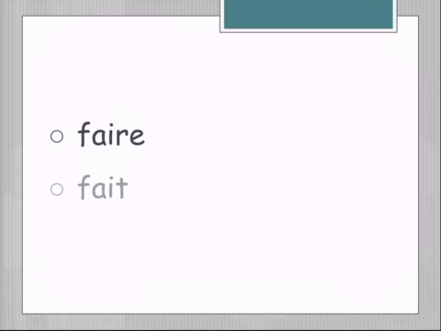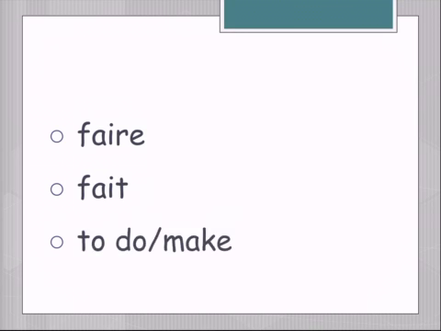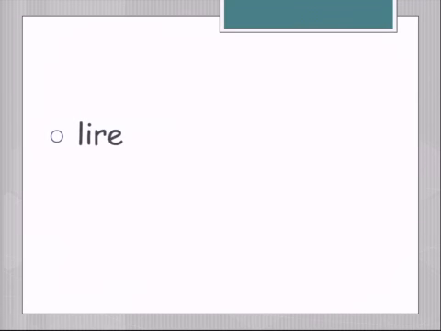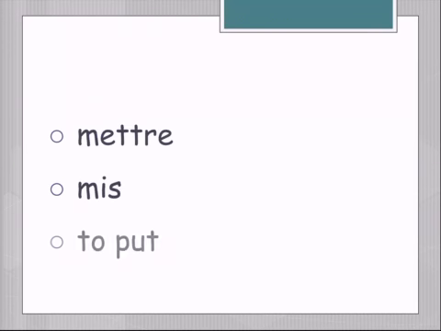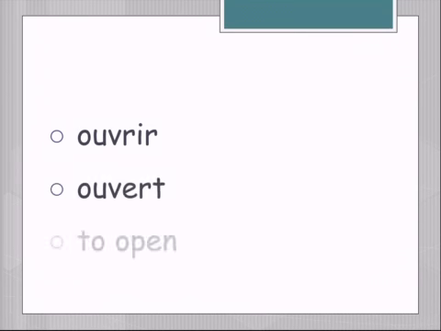Faire turns into fait, and it means to do or to make. J'ai fait mes devoirs. I did my homework. J'ai fait un gâteau. I made a cake. Lire turns into lu, to read. Mettre turns into mis, to put or to place. Ouvrir turns into ouvert, to open.